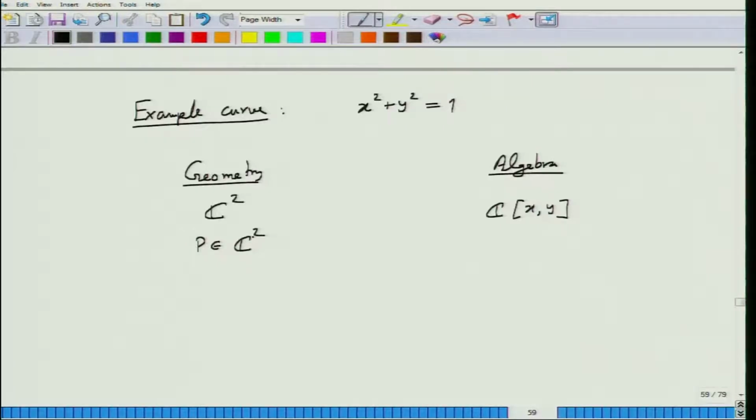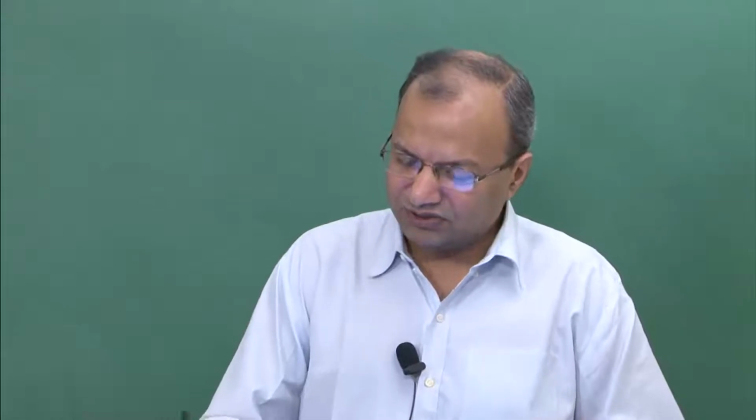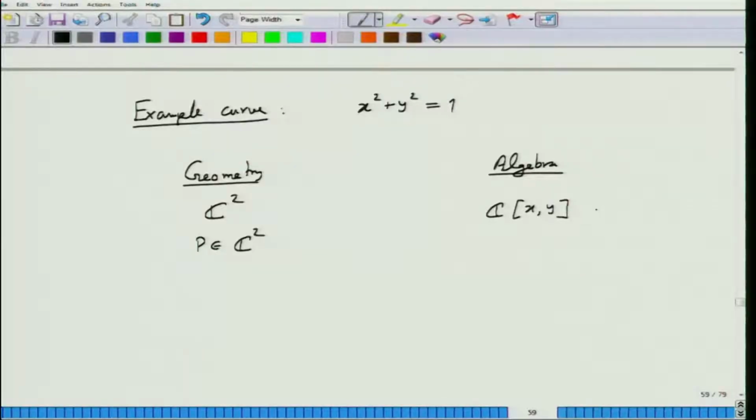A point in C square. What does it look like? Valuation, no, we'll just stay in this ring. Just like this is the space encompassing all objects we are interested in, similarly, this is now the ring where everything that we want should be there. So this contains point, constant polynomial.